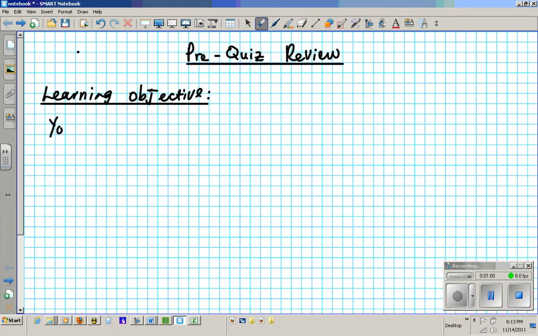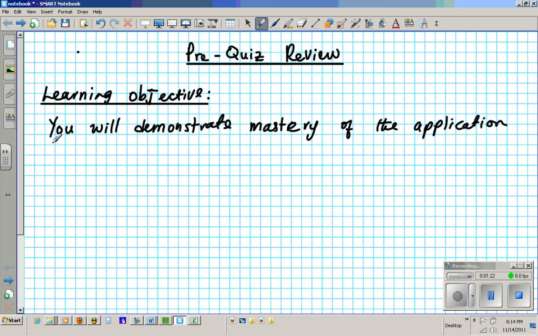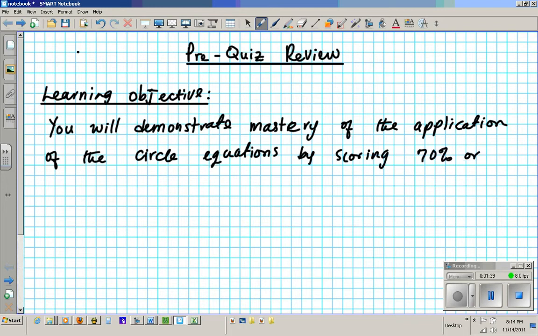You will demonstrate mastery of the application of the circle equations by scoring 70% or higher on the quiz.